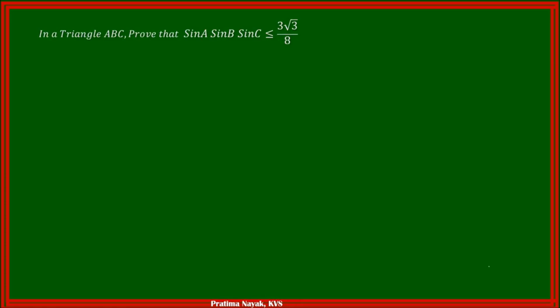For this, let us recall a fact. In the last video, there is another video where I have proved that sine A plus sine B plus sine C is less than or equal to 3 times sine of (A plus B plus C) over 3.